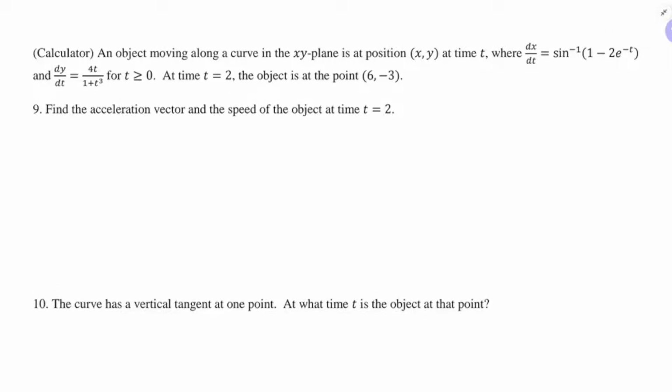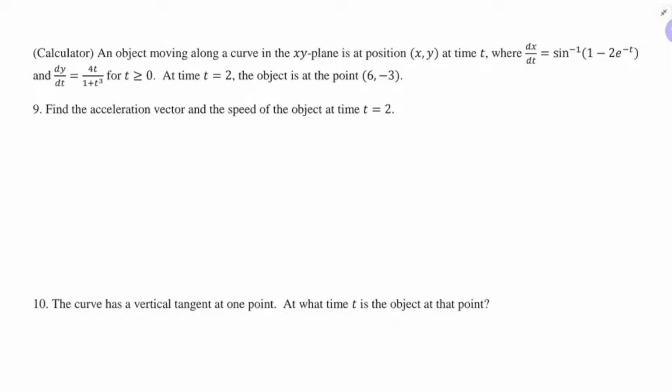All right, now moving back to the calculator though. I'm going to clear out the calculator because I'm done with that other problem. Okay, and I'm going to type that in while I've got it visible on my other screen. So f of t is going to be dx dt, sine inverse of 1 minus 2e to the negative t.